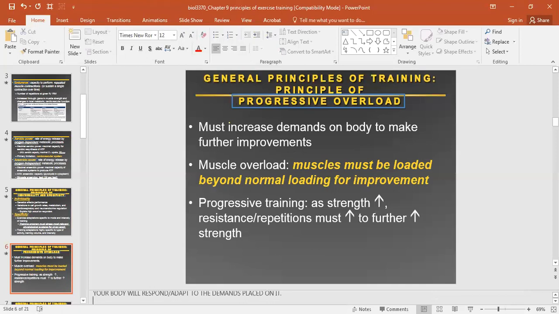So overload doesn't just happen once. You have to continually overload as your body adapts, which is called progressive overload.